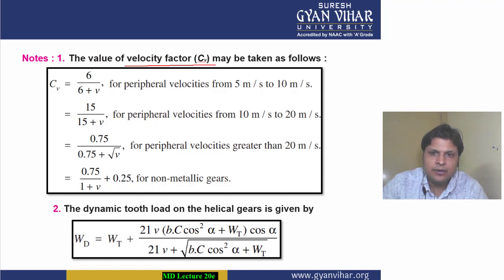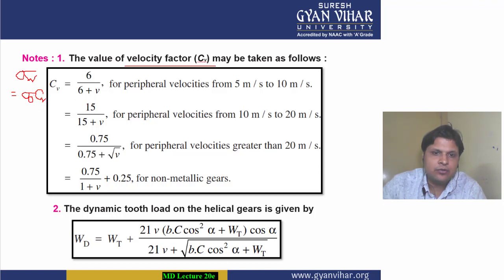Because as you know, in the expression of calculation of tangential load from Lewis equation, you have sigma naught, sigma w. And we all know that sigma naught w can be calculated by the allowable stress sigma naught multiplied with the velocity factor.